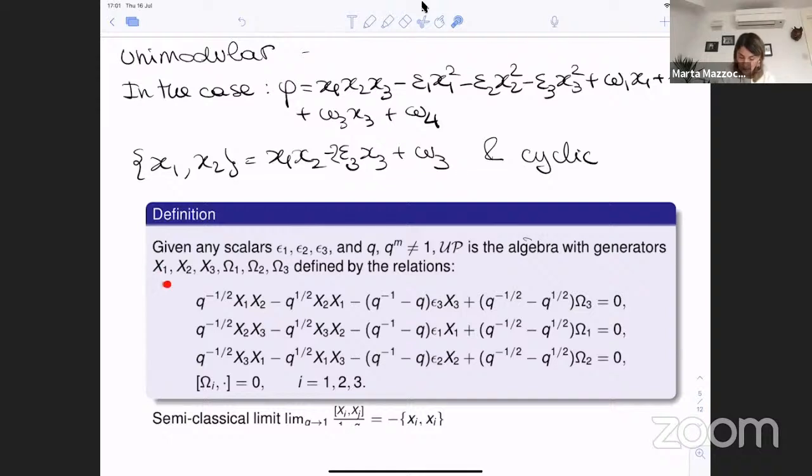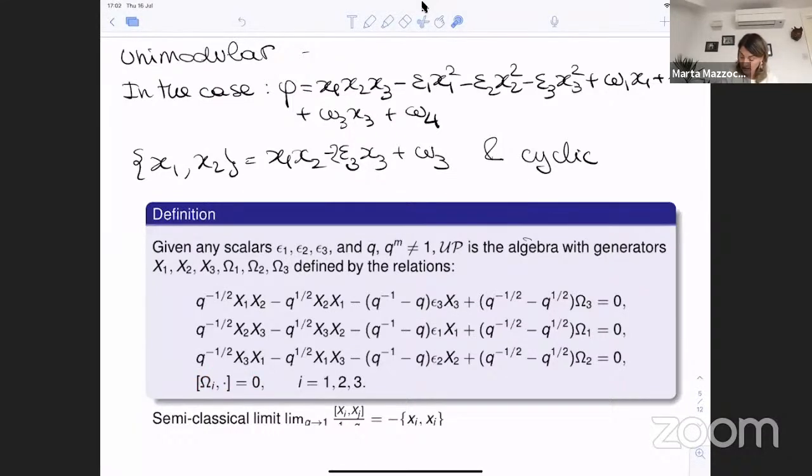So we have the generators capital X1, X2, X3, which correspond to the classical variables X1, X2, X3. But we also treat the parameters as generators in our algebra. So in general, they will be operators. And the relations are that the operators omega i are central elements.